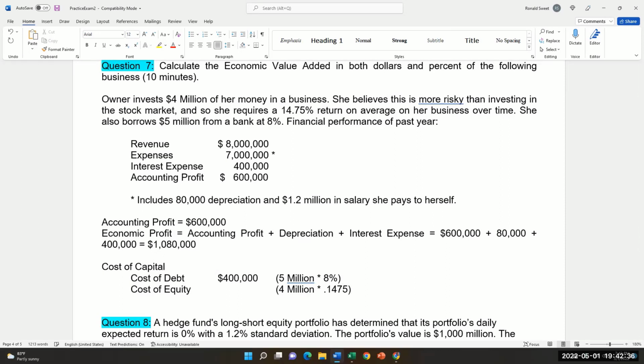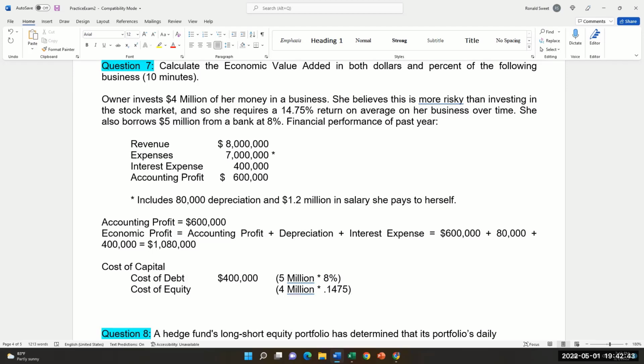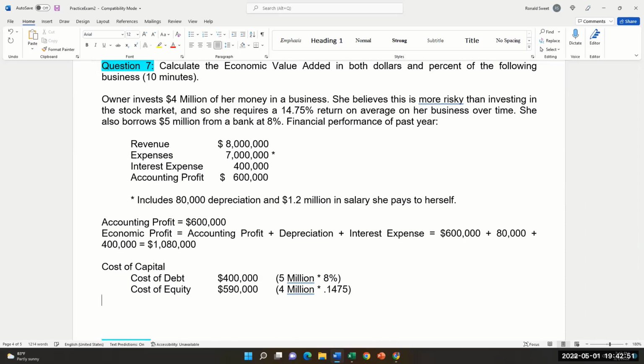If you do that math, you should get 590. Hopefully someone's getting that. And so total cost of capital is going to be 990,000. Hopefully you are getting that.